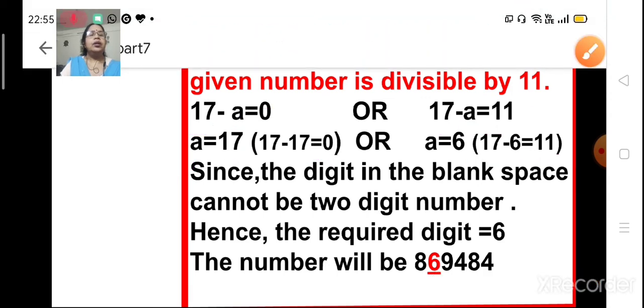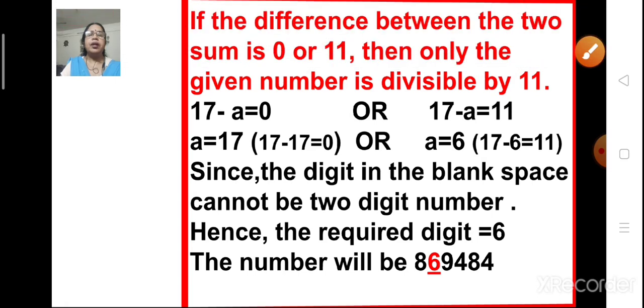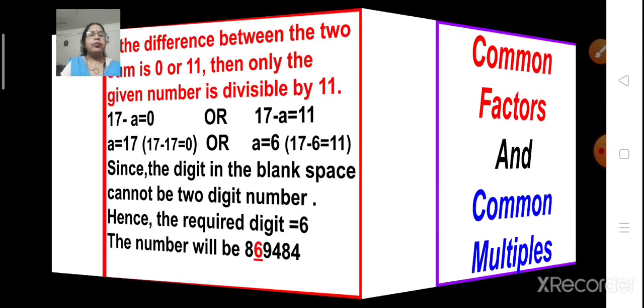The digit in the blank space cannot be a 2-digit number. So, the required digit will be 6 and the number will become 8,69,484. So, in this way these kinds of problems we are going to solve.